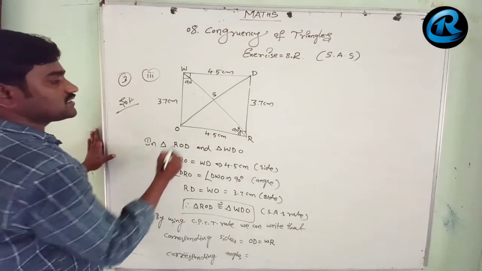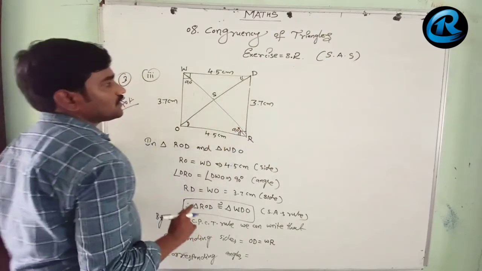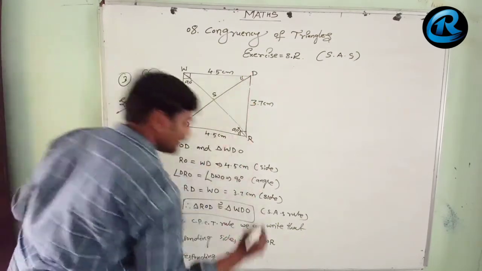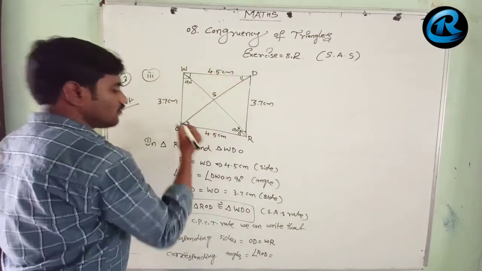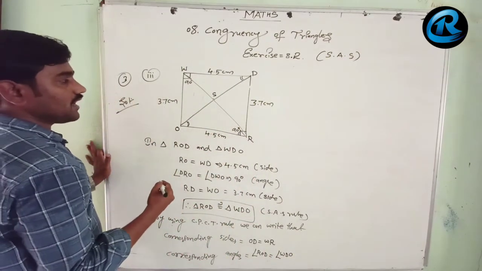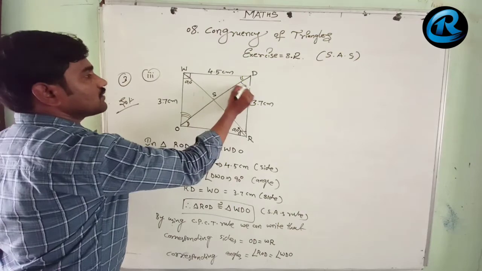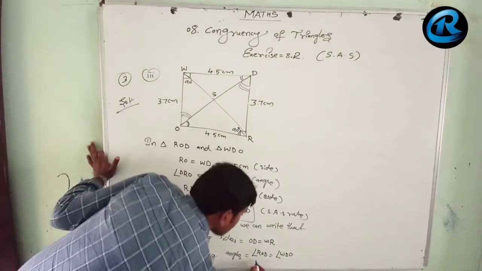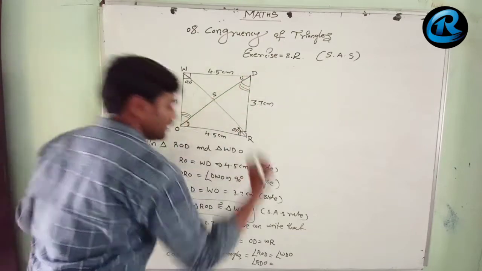What are the corresponding angles here? These two angles will be equal: angle ROD equal to angle WDO, and also angle RDO which is equal to angle WOD.